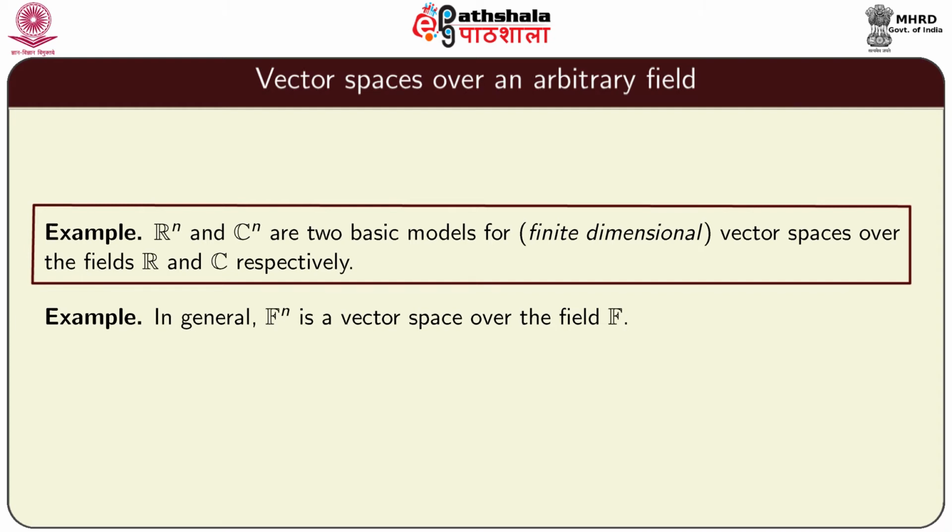And the base fields are different in these two cases. For R^n, the base field is the field of real numbers denoted by R, and for C^n, the base field is the field of complex numbers denoted by C. So, it is very important that we mention the base field whenever we talk about a vector space, because if the base field changes, then the vector space structure may change, the vector space structure may not exist.